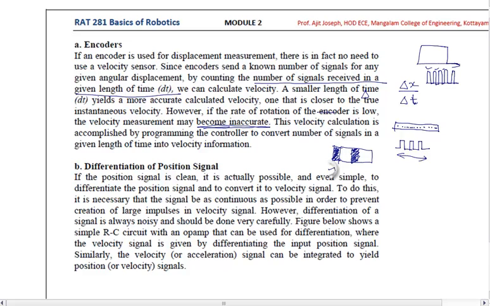So if there is an LED on this side, light will pass through and be detected by the photodetector on the other side. And if this is moving, then the alternate steps should be very, very close. Then you will have better and better accuracy of the velocity.